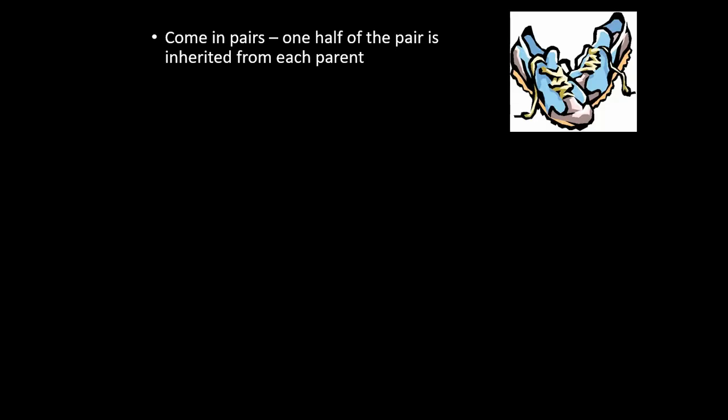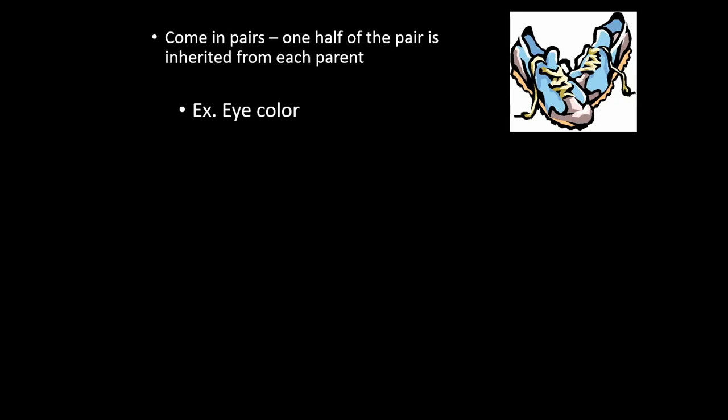Your genes come in pairs. So you get one set of genes from your mom and the other set from your dad. So you're inheriting one gene from each of your parents. And remember, that word inheriting means it's passed down from parent to offspring.